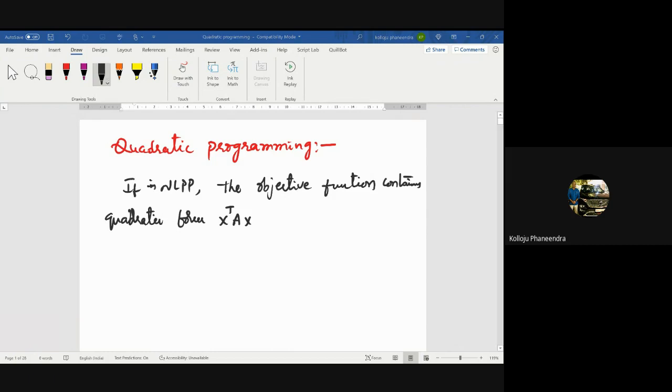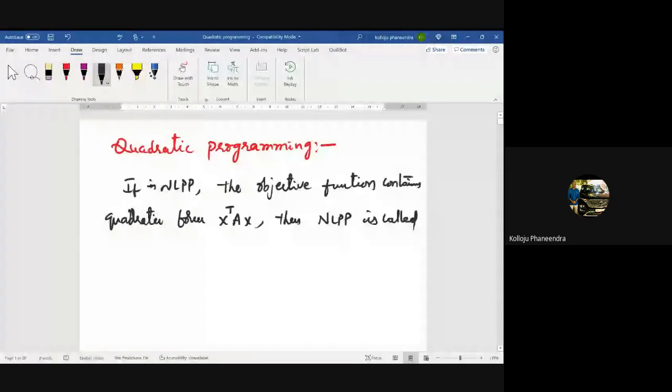Then it is called a quadratic programming problem, with the constraints being linear type constraints. Quadratic form X transpose AX. Then the NLPP is called a quadratic programming problem, called QPP.